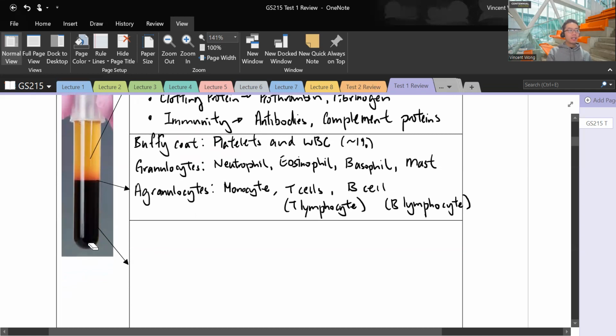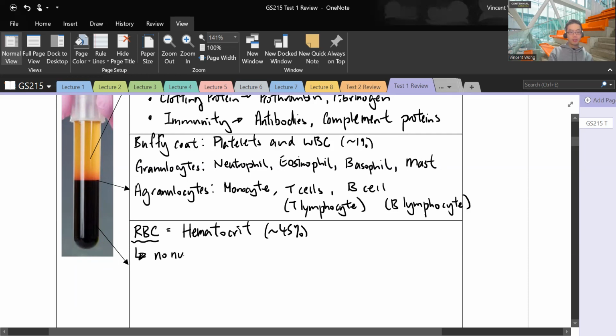Okay, finally, this stuff, it's just RBC, red blood cells, or erythrocytes. And this portion of the blood, when we spin it down, when we fractionate it, we call it hematocrit. And that makes up approximately 45% of your total blood volume. Since we're on the topic of red cells, let's write down some characteristics that you should know about red cells.